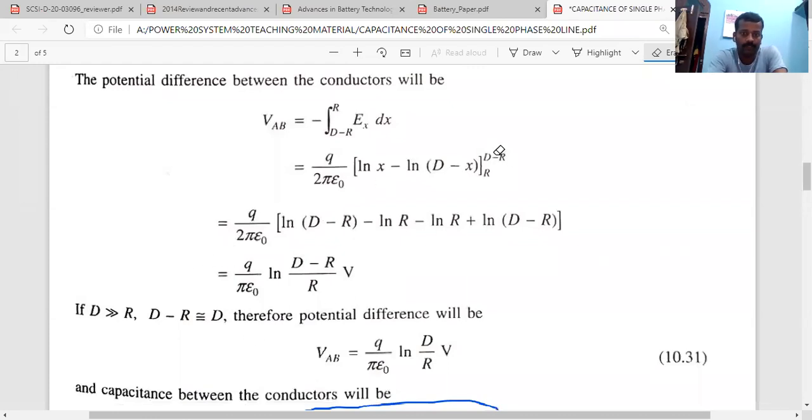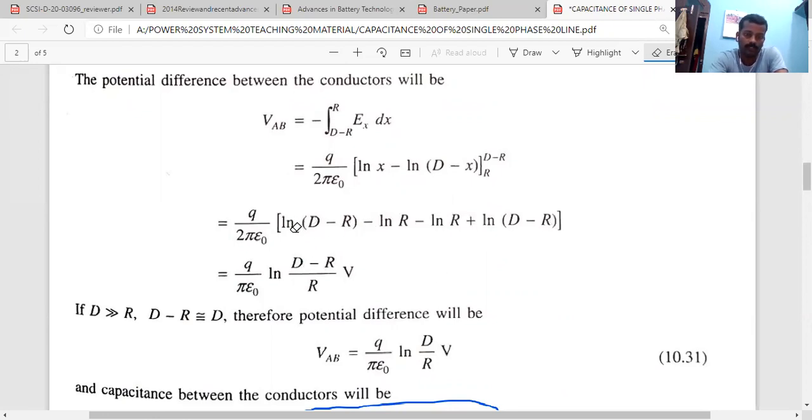Now putting these limits in this expression, ln (d minus r) minus ln r, minus of ln r, and this minus will be plus, ln (d minus r). After solving, this will be 2 times ln (d minus r) minus 2 ln r.